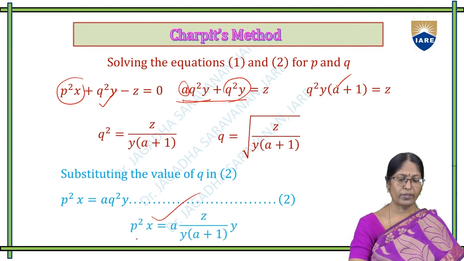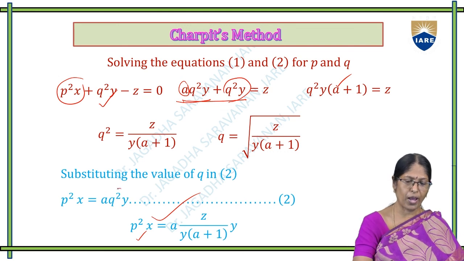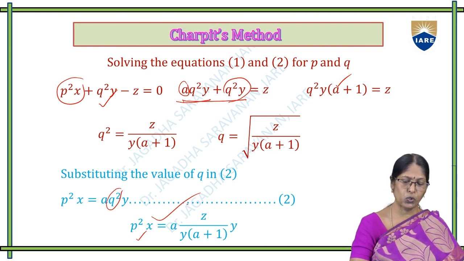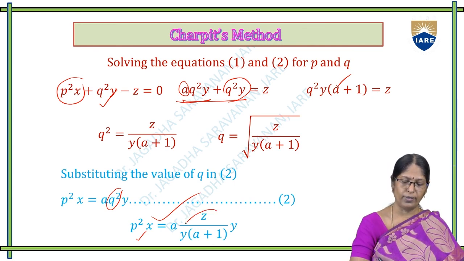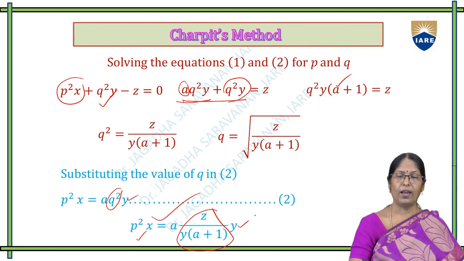So p square x equal to a into what we obtained, our q square is z by y of a plus 1. In this place we substituted the q value, and the y is written as it is.